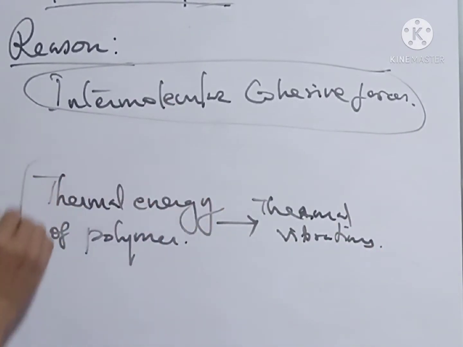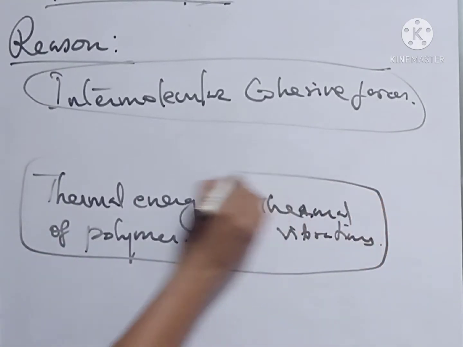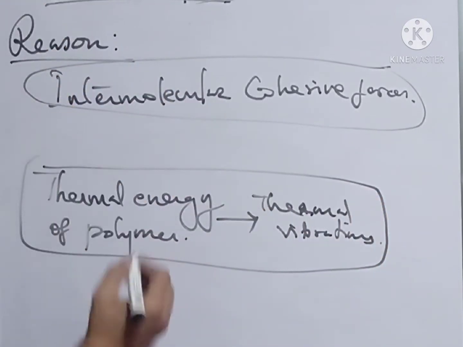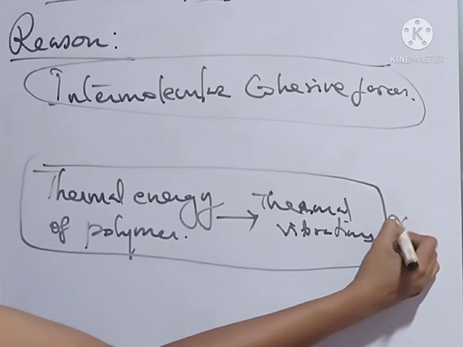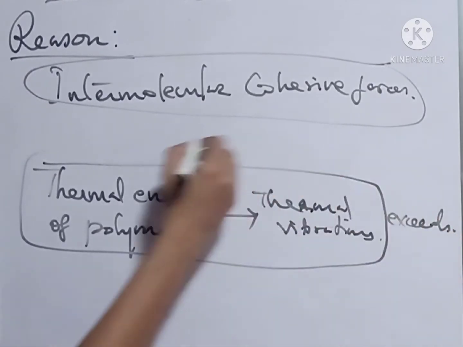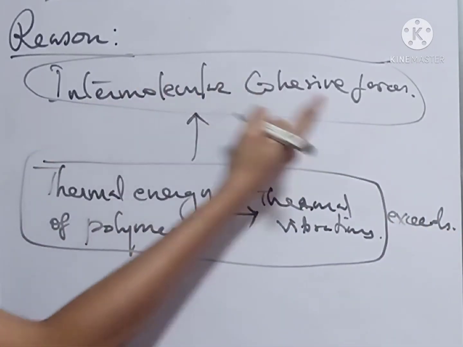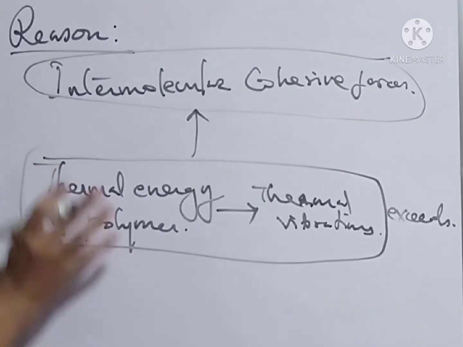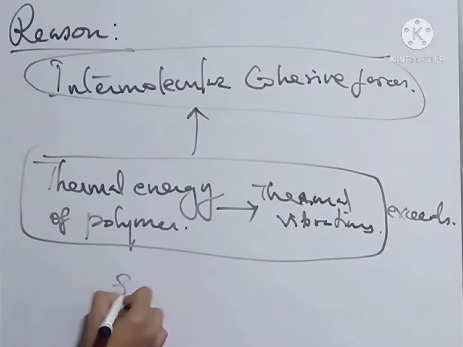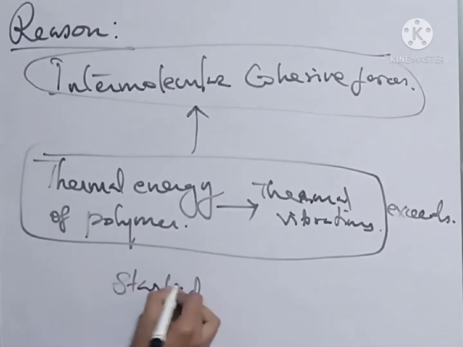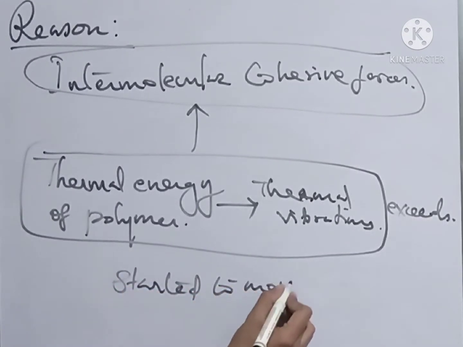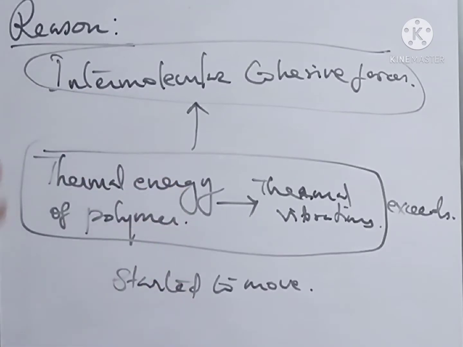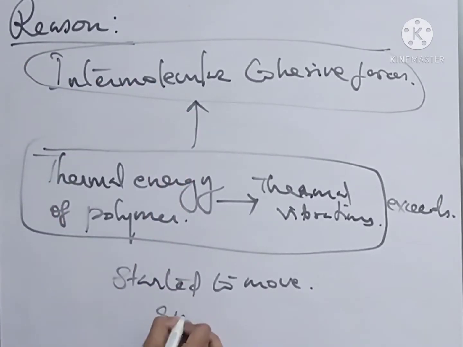So when the thermal energy exceeds the intermolecular cohesive forces, the segments of the polymer start to move, or it converts to a rubbery state.